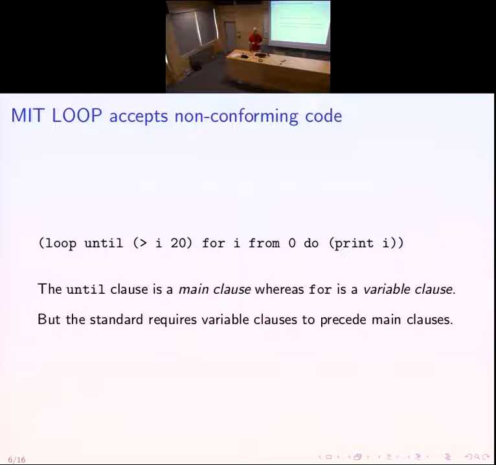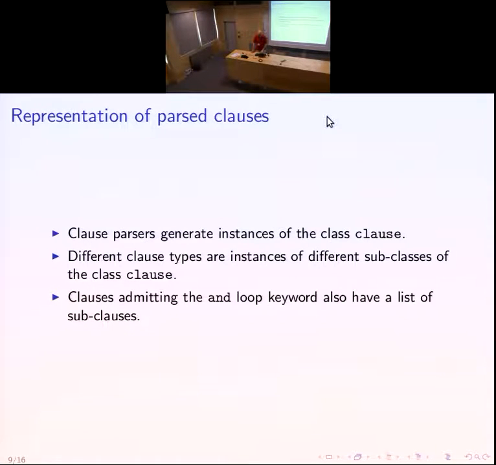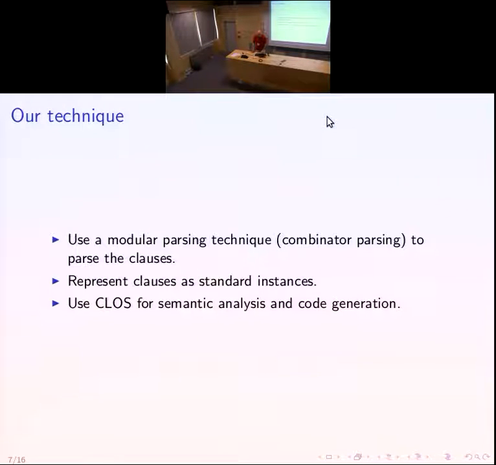And so basically every implementation that uses MIT loop will define it to mean something. And what it means is pretty clear, but it's still not a conforming program. I'm not going to go into the details of what it means to be a main clause and a variable clause and stuff like that. You can read the standard or the paper that summarizes it.